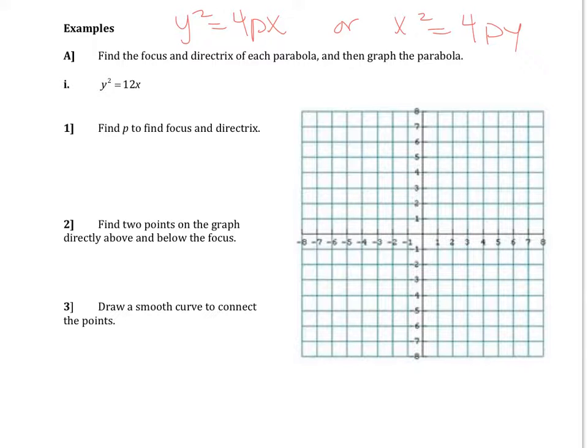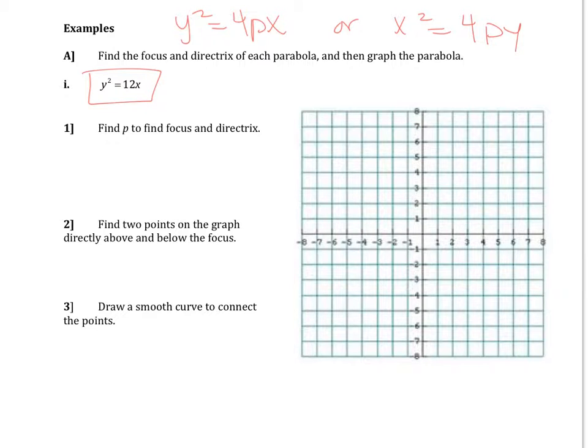Okay, so this first one is a y squared one, right? And we can tell by looking at the equation, first of all, that it's going to be laying on its side, but second of all, we can also tell which way it's going to open by the sign of this number, of really that 4p number, right? If that 4p number is positive, we're going to have a right-facing parabola, opening to the right.